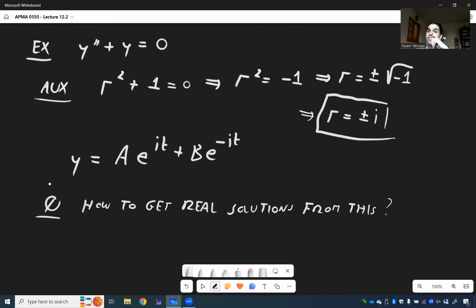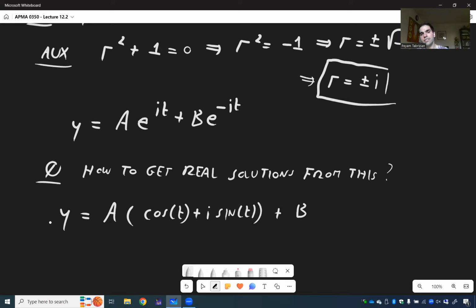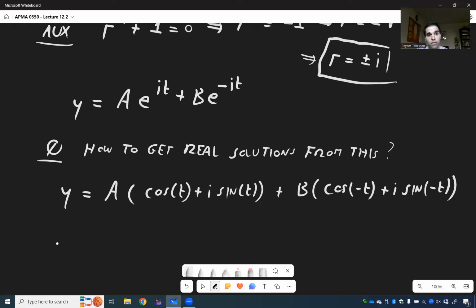And the trick is really in Euler's formula, because e to the it is none other than cosine of t plus i sine of t. And what is e to the minus it? Well, it's cosine of minus t plus i sine of minus t. And now let's expand this out.